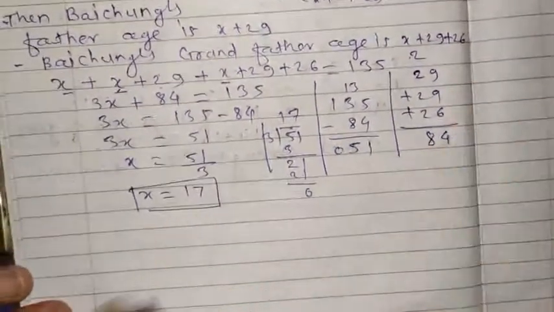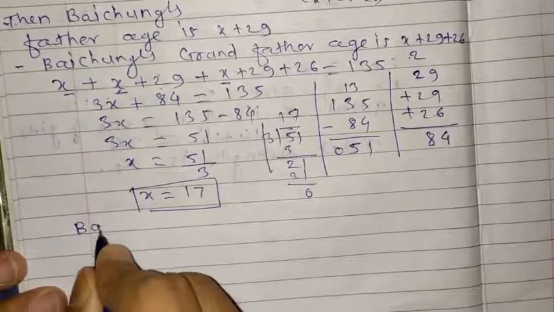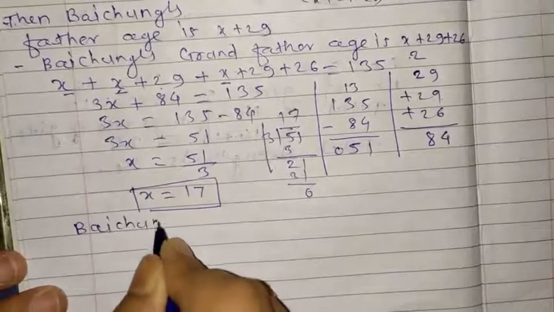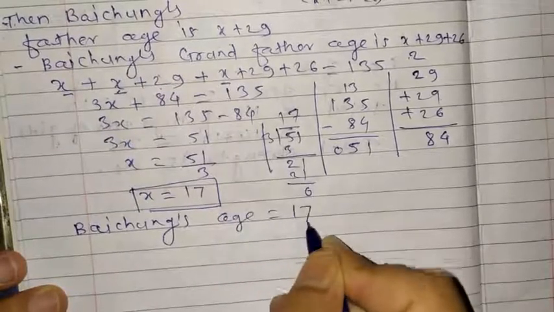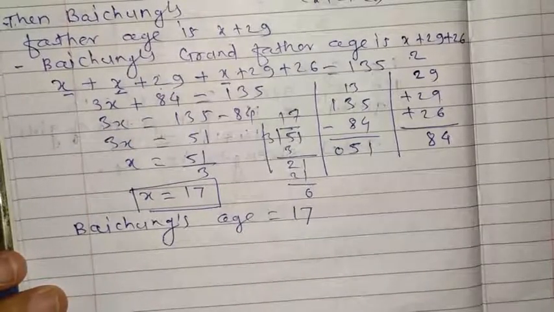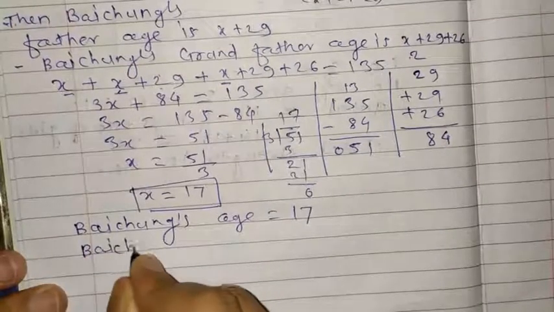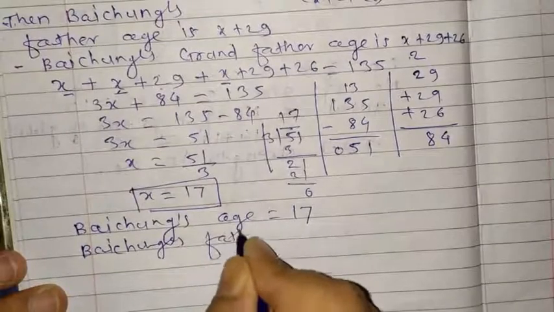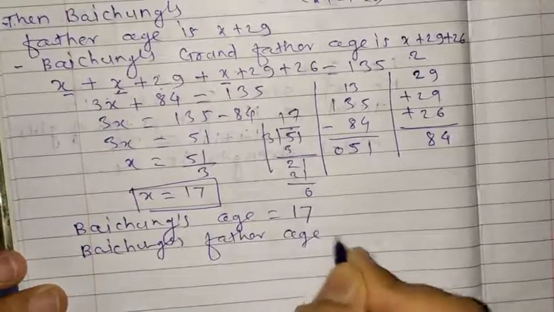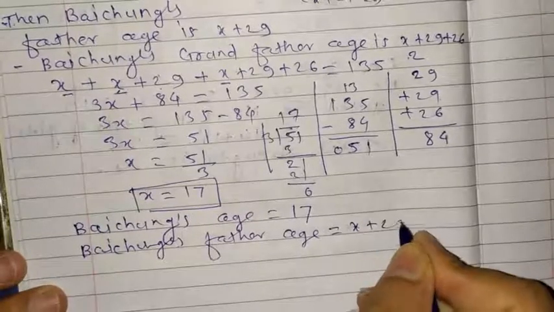Now after that we will simply put the value. According to the expressions that we have created, Byju's age equal to 17 because we assumed that it is X. Next, Byju's father's age equal to, what we assumed, X plus 29.